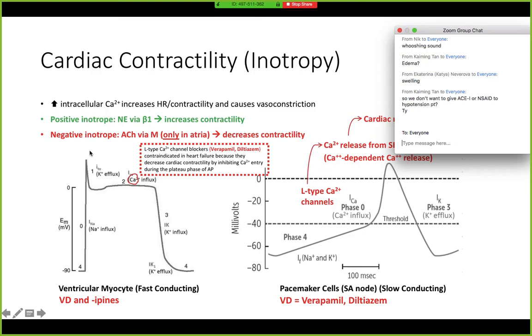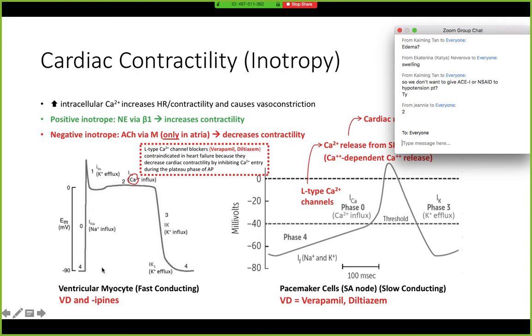And then your negative inotropes are going to work via acetylcholine release on your M receptors, and these are only found in the atria, and they are going to decrease contractility. So what specifically, he just said M receptors, but specifically which one is going to work on the heart? Which M receptor? 1, 2, or 3? Right, so M2.